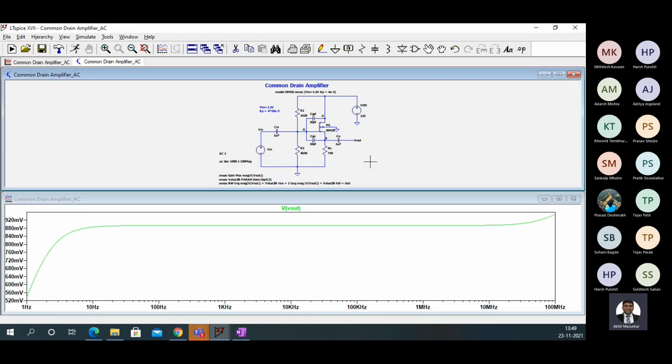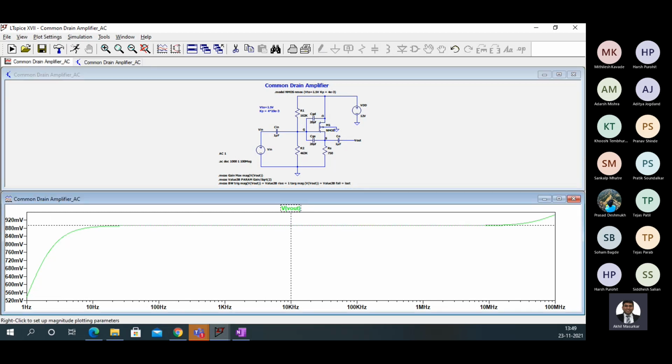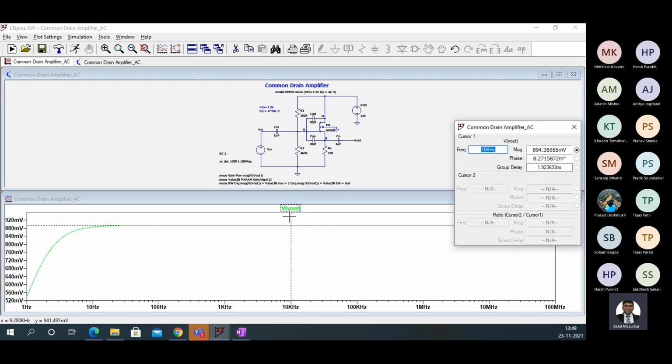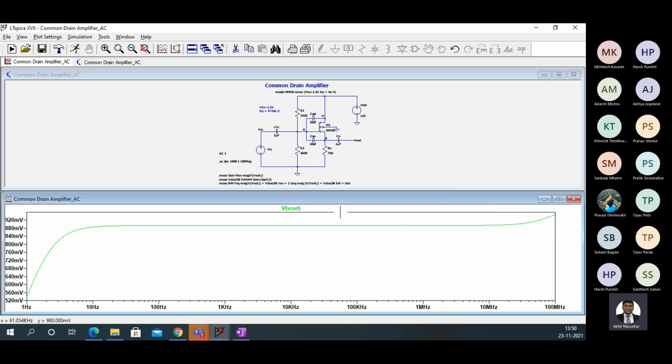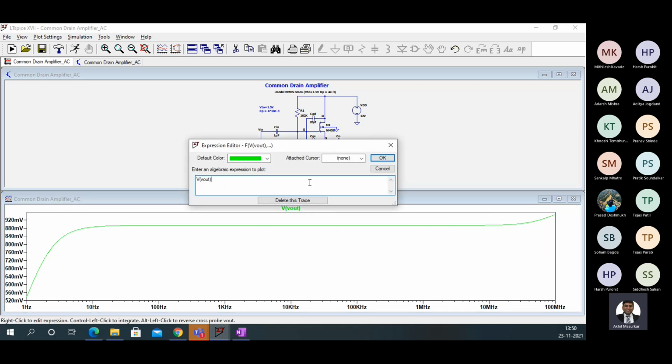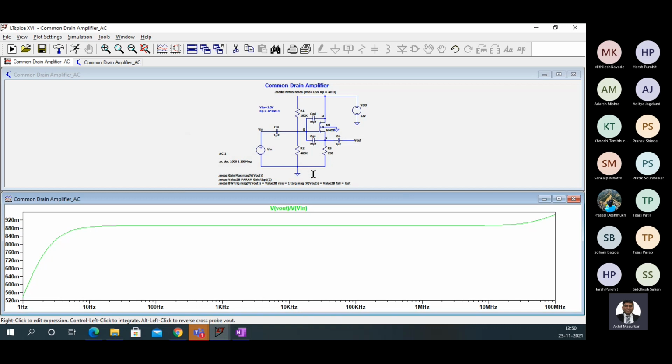If you want to see the linear scale, you can see here that this flattens out at around 1. Okay, so we can measure this. So this value is how much? 894 millivolts. Actually what we are plotting is V out, but what we should see here is V out divided by V in.